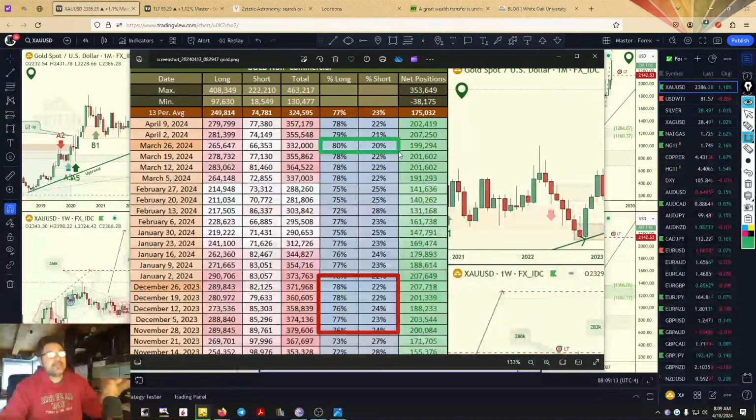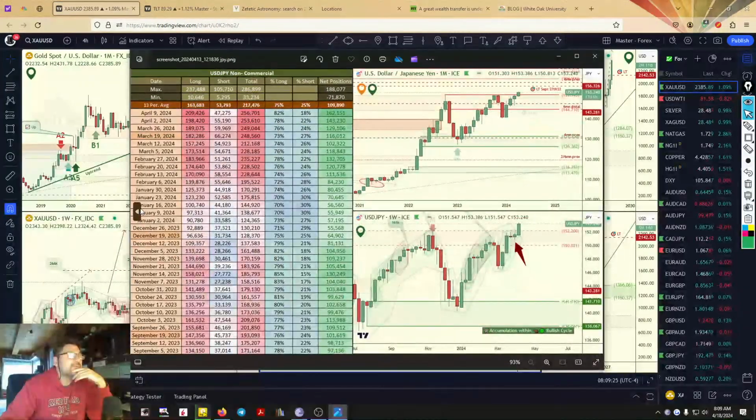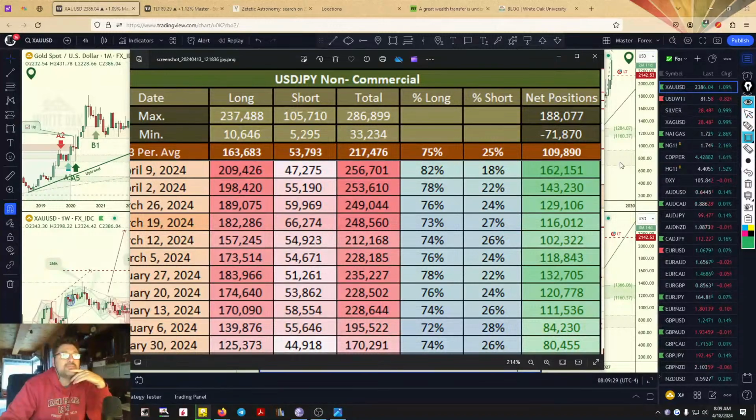Okay, but when you look at some of the other assets that we follow, and you look at their columns, the ones that are bullish, you can clearly see that they're bullish. All right, let me just zip over to US dollar Japanese yen. Do you see that? That's bullish. You see the coloration of the cells? There's no doubt about it. Okay, there's no doubt that they're bullish.